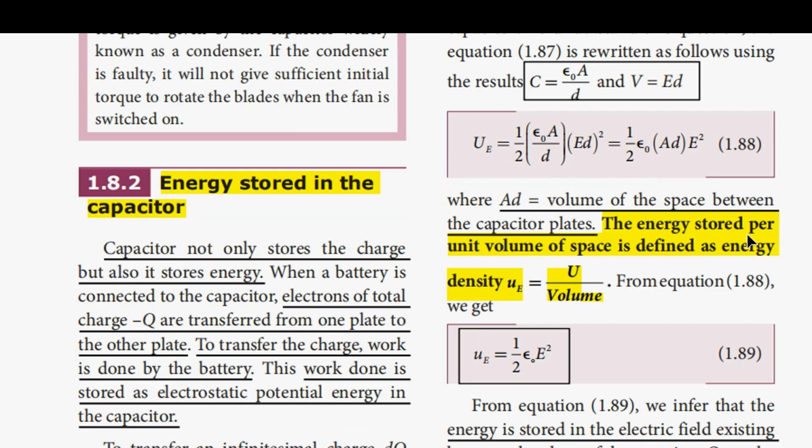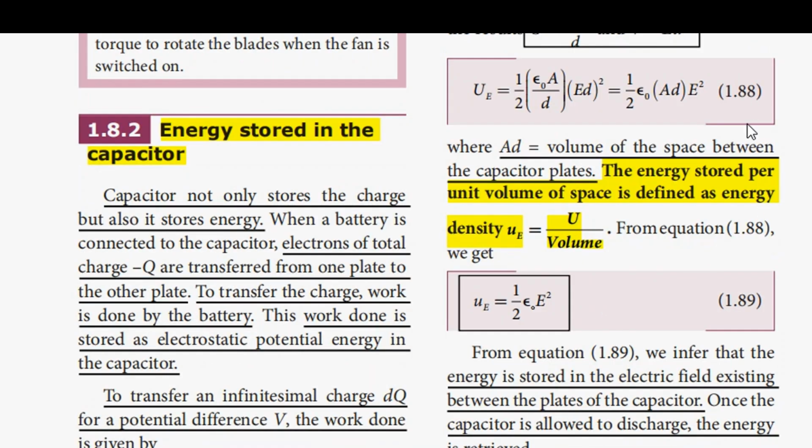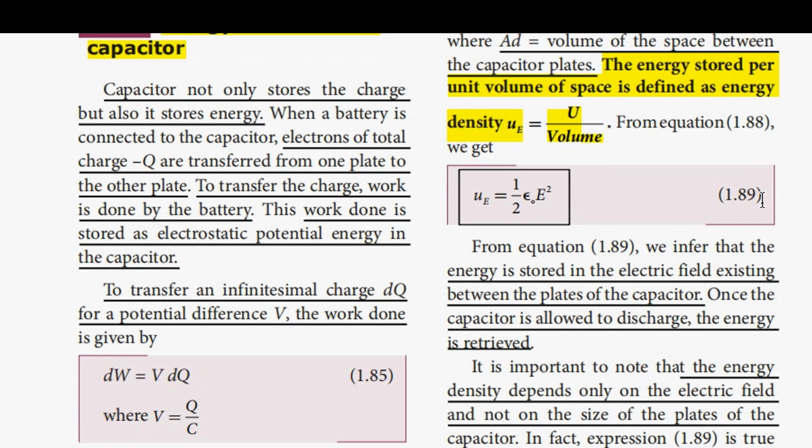And therefore, the energy stored per unit volume of space is defined as the energy density, UE, and that's given by U by volume. So from this equation 1.88, we have UE equal to half epsilon naught E square. And from this equation 1.89, we infer that the energy is stored in the electric field existing between the plates of the capacitor.